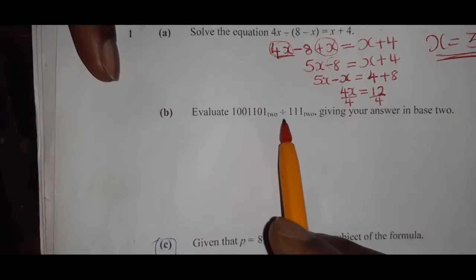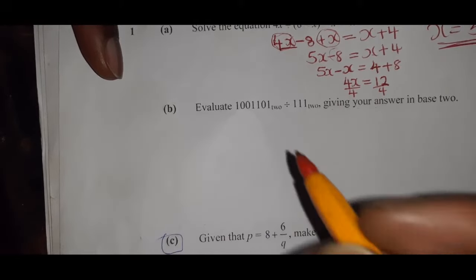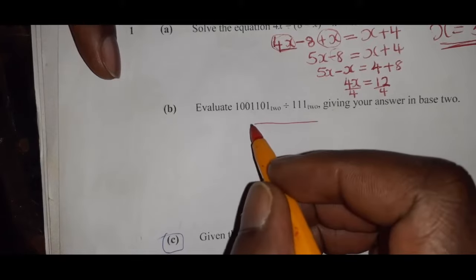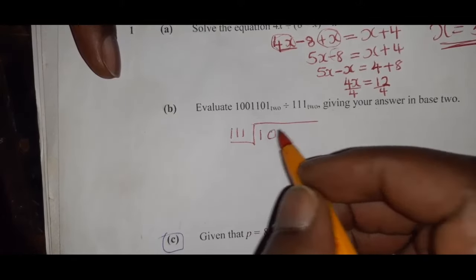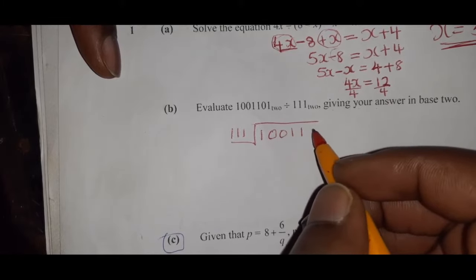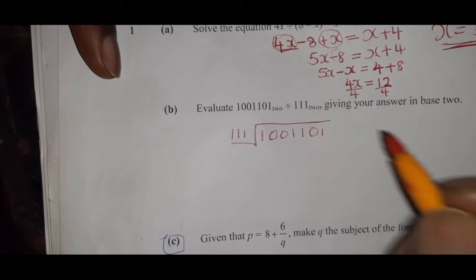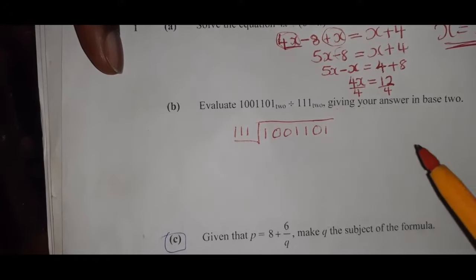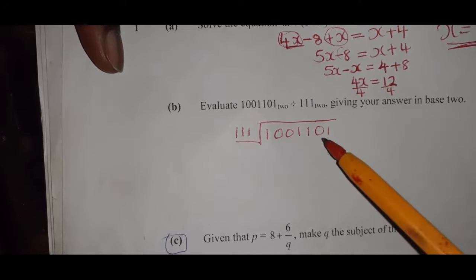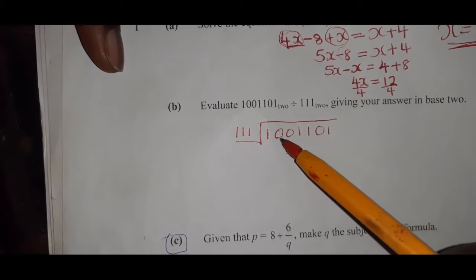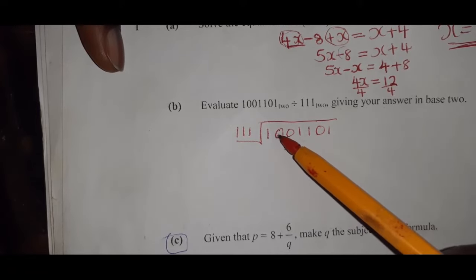Evaluate, so this is a division, giving your answer in base 2. So we have 1 0 0 1 1 0 1. You should know that when we are dealing with a number that is in base 2, the digits that we are going to be having are 1 and 0.